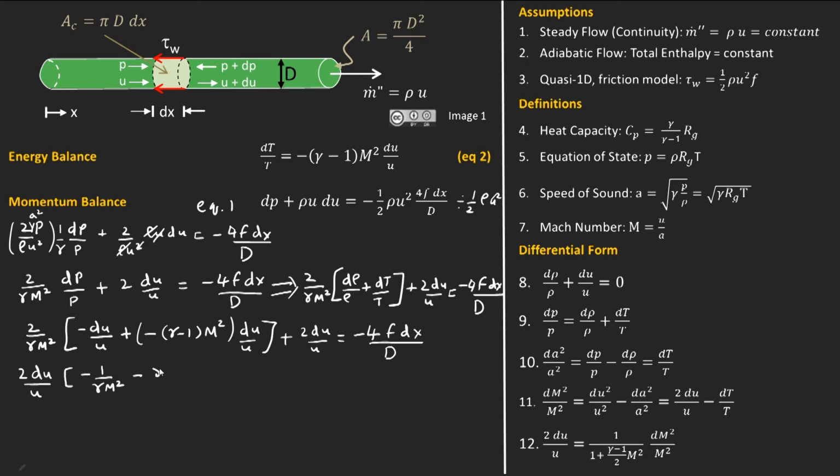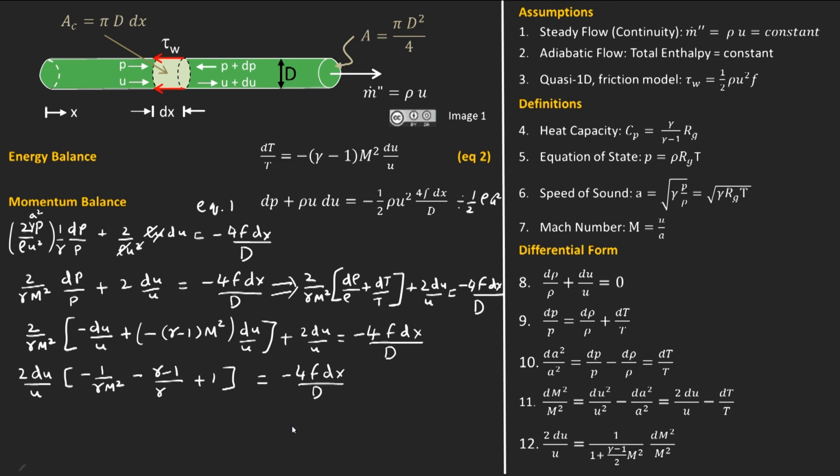So I'm going to get minus 1 over gamma M squared, and this will also multiply the second term, minus gamma minus 1. Since we have an M squared in the numerator and M squared here, they will cancel, giving us gamma. And we also pull the 2 du over u from this expression, so we get a plus 1 equals minus 4f dx divided by d.